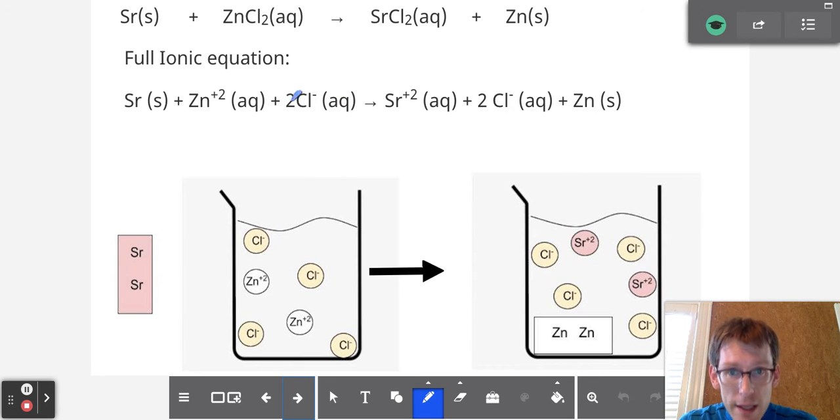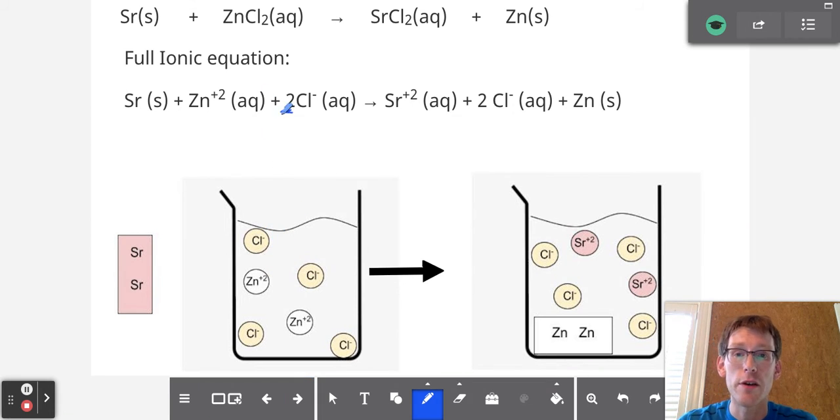A key thing to note here is that the 2 is out in front. It is not a subscript. If it were a subscript, then the chlorides would be connected together, but they're not. They're separate from each other, which is why we have 2 chlorides rather than Cl2 with a negative charge.